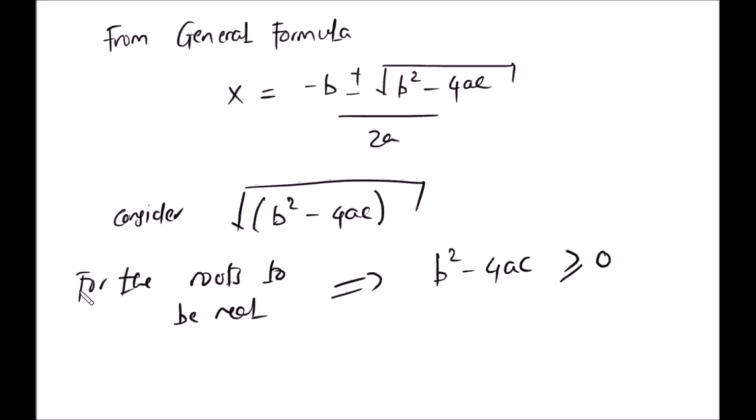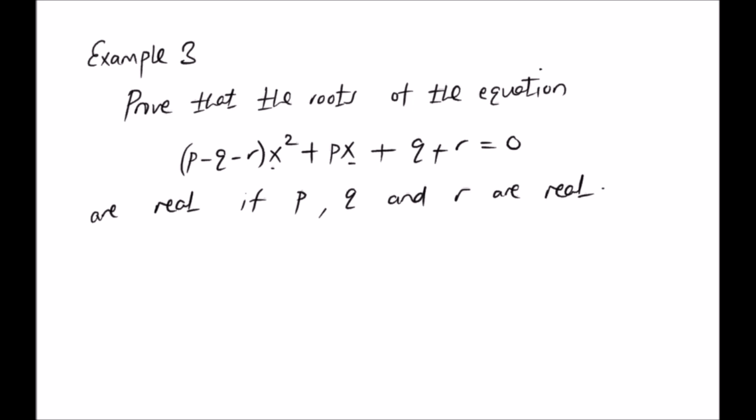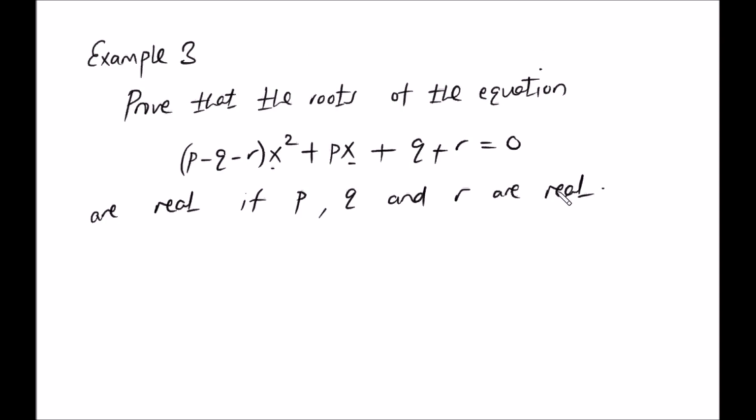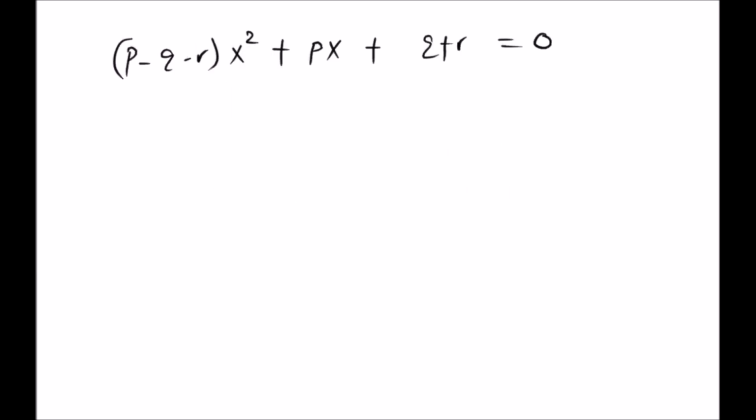Sasa sisi tuangalie kwenye swali. Kwenye swali tumepewa quadratic hiyo hapo. Inasemaje? Inasema (p - q - r)x² + px + (q + r) sasa na 0. So pia kwenye swali amesema p, q na r ni real numbers. Tayari ashasema. So anasema prove that the roots of this quadratic equation are real.